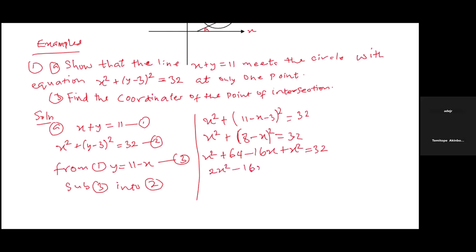Then 64 minus 32. So you can see I'm bringing everything to the left-hand side by collecting like terms. That's what I'm doing. So 64 minus 32 will give us 32.